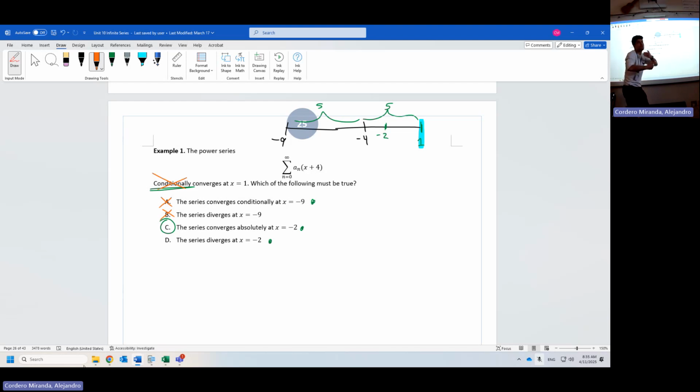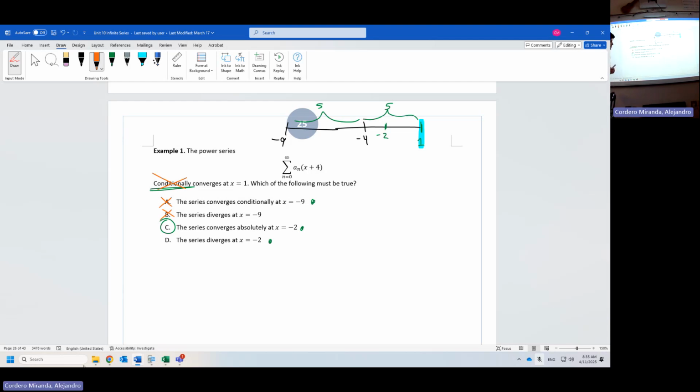Not necessarily, because what if 1 was an endpoint? That's the only thing that would change if they did say conditionally. Then I couldn't say anything about -9. That would also be an endpoint, but I could say something about -2. That's well within. So even without the conditionally, in fact, I think the times I've seen it on the practice tests that I have access to, they've asked it without the condition. But it's basically the same question.